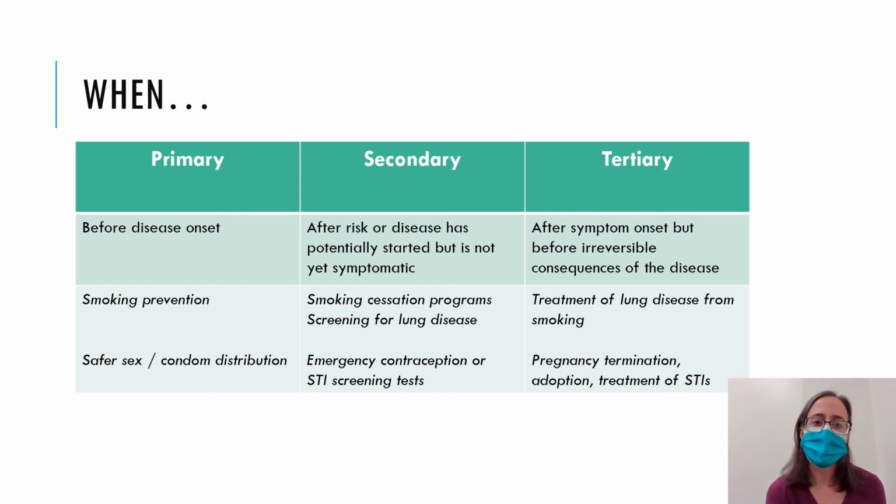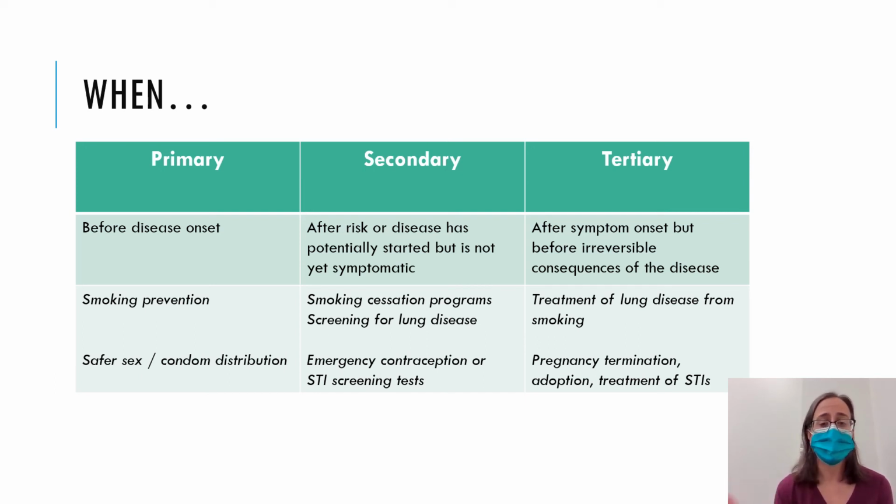And then tertiary interventions are after symptom onset, the disease or a condition has already manifested, but it's not yet irreversible, right? We can still intervene and do some things to treat it. So treating lung disease from smoking, whether that be COPD, emphysema, or lung cancer, right? Treatments for that.